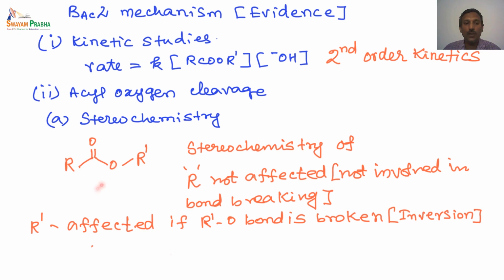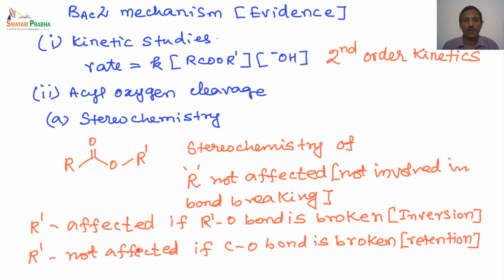So what is the next one? If we look at R prime, if the R prime is affected, that means if the alkyl oxygen bond is broken, then we will end up with the inversion in configuration. So this is the alkyl oxygen. If the alkyl oxygen bond is broken, then we end up with the inversion.